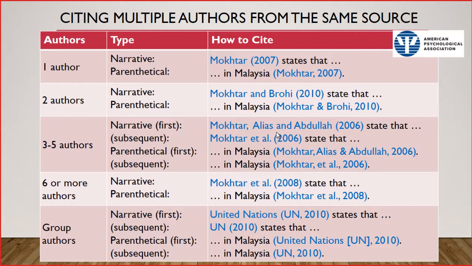But if you have used that one, and in a later paragraph you want to use the same article again, in a different part of your writing, you do not have to list again.